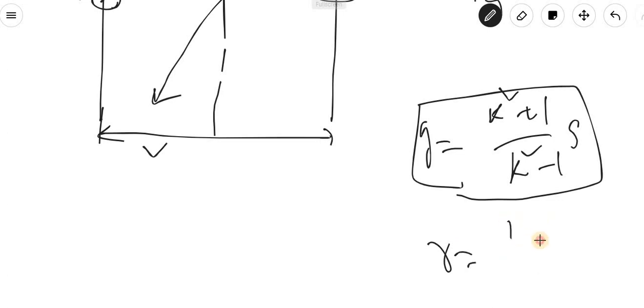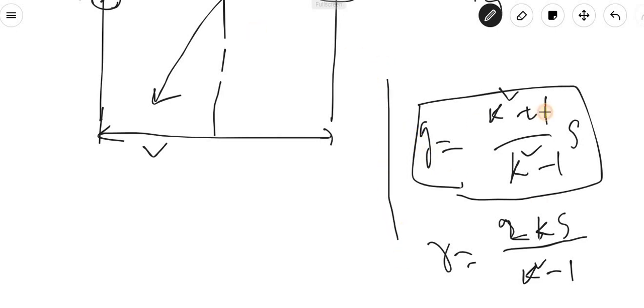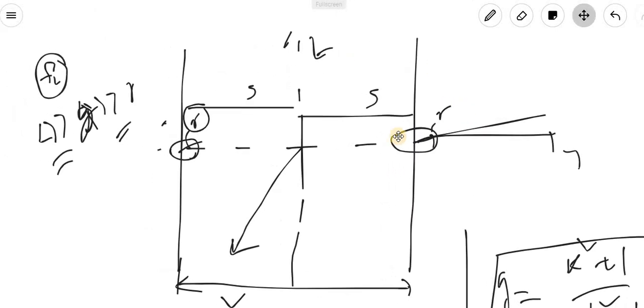R was 2Ks by K square minus 1. These two things you should remember also. So this R and this G are measured from this origin.